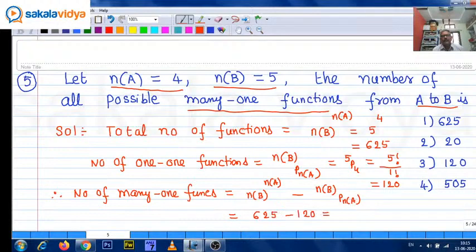We subtract 120 from 625 to get exactly 505. Yes, absolutely correct.